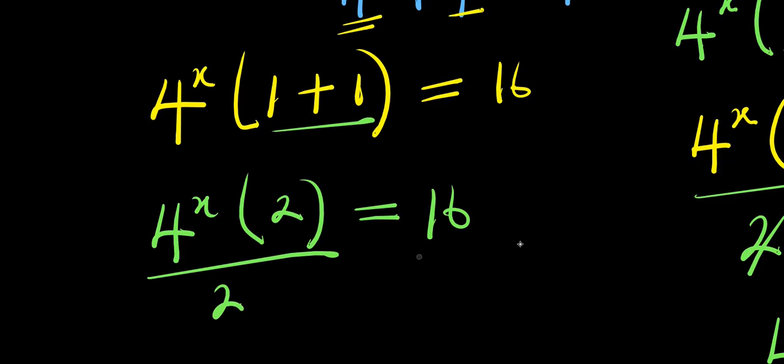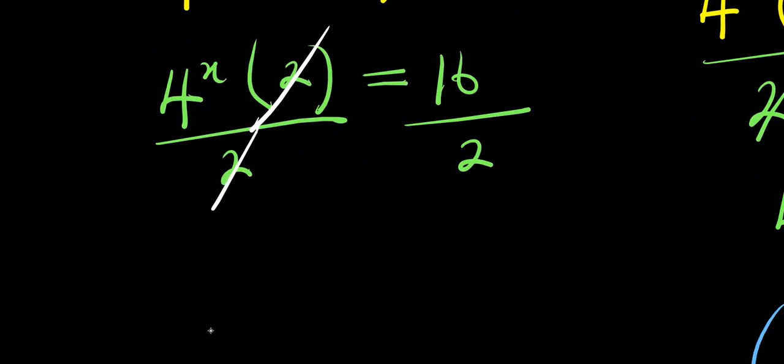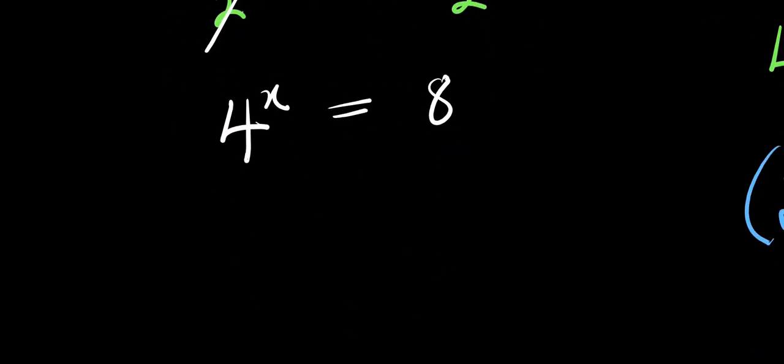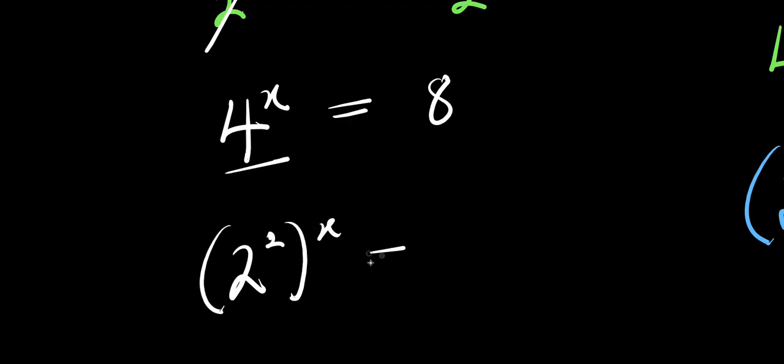Divide this by 2, divide this by 2. 2 eliminates 2. I have 4 power x equals 8. Then, let's express each of these terms in terms of 2. 4 is 2 power 2, raised to the power x, equals 8, which is 2 power 3.